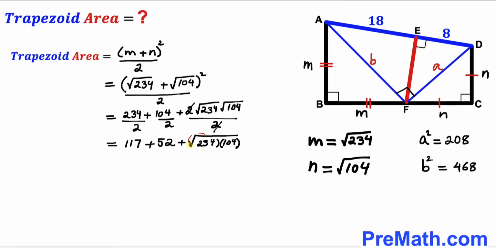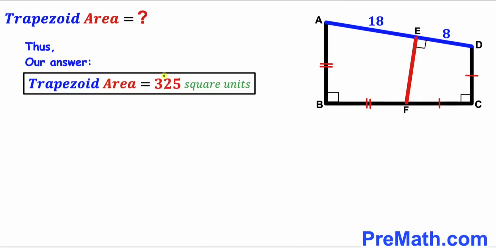So thus this whole thing turns out to be simply 156. So therefore we can write down 117 plus 52 plus 156. And if we add all these numbers, that is going to give us 325 square units, the area of this trapezoid. So thus the area of this trapezoid turns out to be 325 square units.